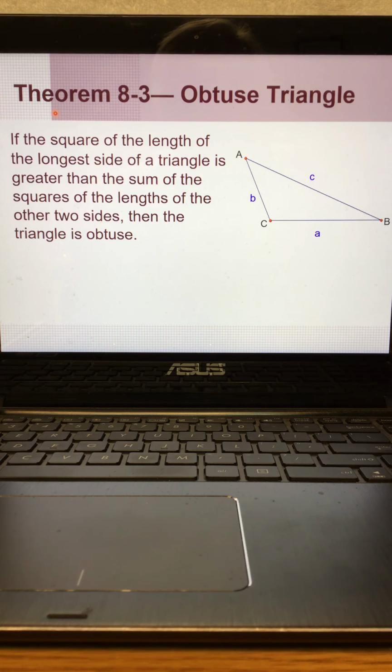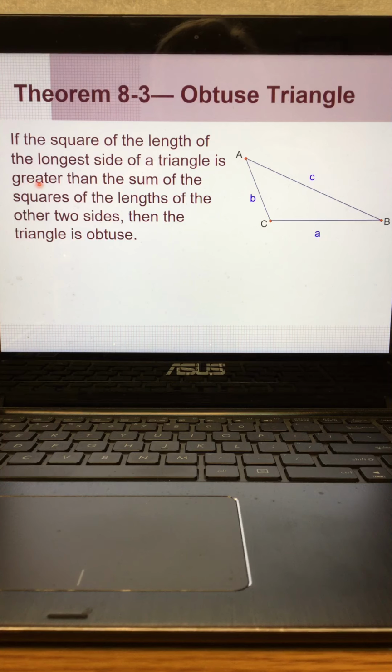This theorem, called the obtuse triangle theorem, starts out with the very same hypothesis. If the square of the length of the longest side, we don't call this the hypotenuse, it's the longest side. Here's the one difference in the theorem. A while ago in the converse it said is equal to.